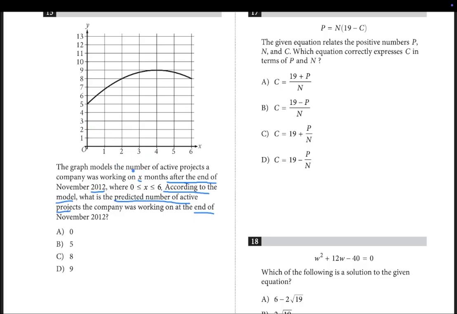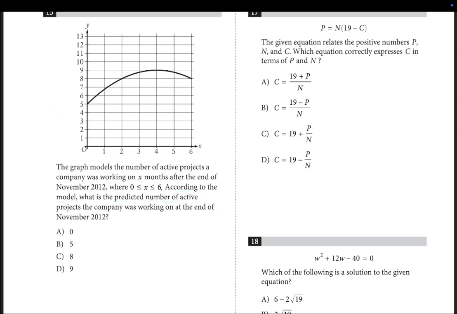It says the graph models the number of active projects the company was working on x months after the end of November 2012, where x was between 0 and 6.